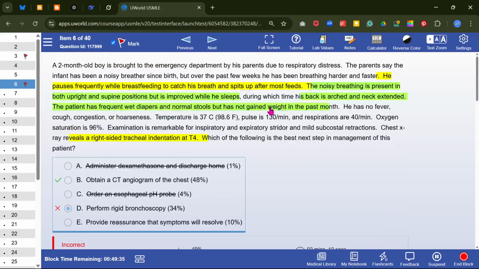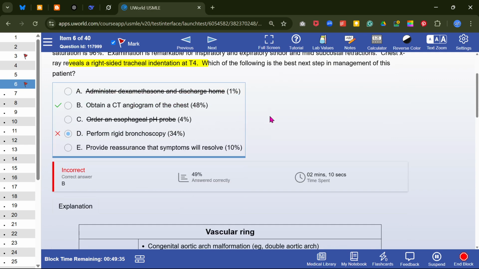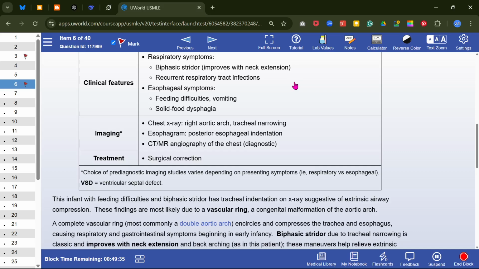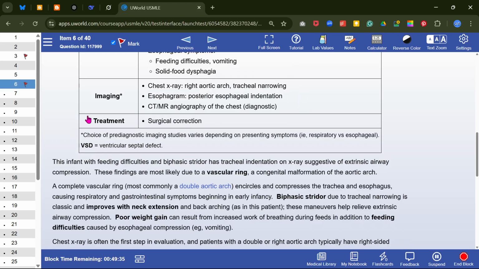Okay, vascular. Okay. This infant with feeding difficulty, biphasic stridor, has tracheal indentation on X-ray.